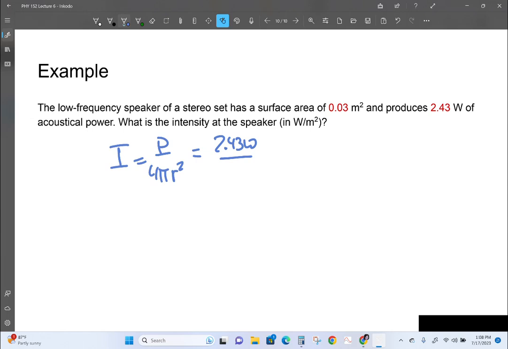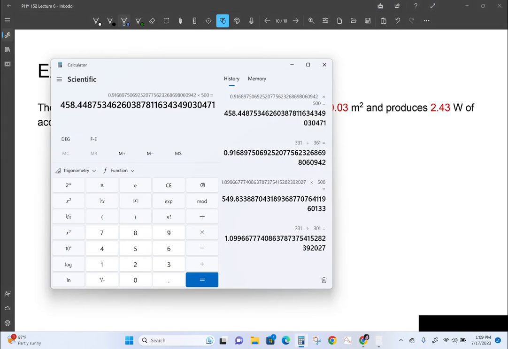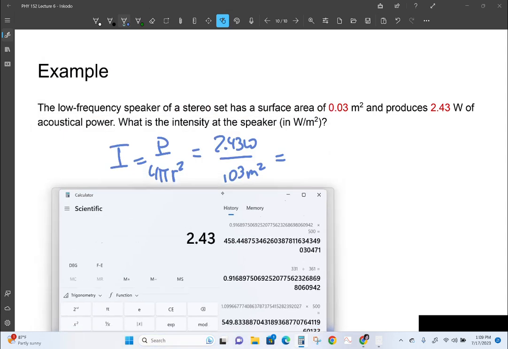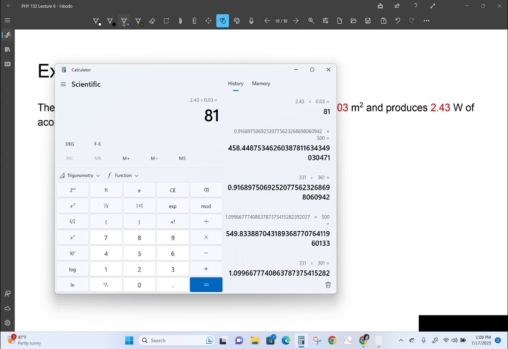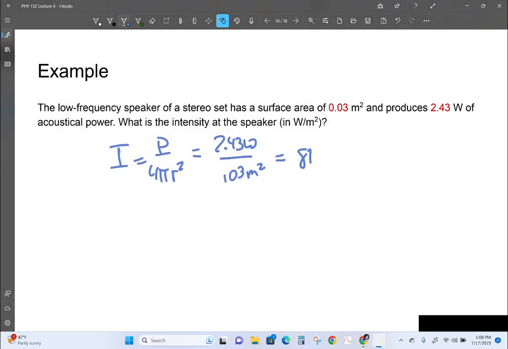And this is already the surface area, so it's 0.03 meters squared. If I just take those 2.43 and divide by 0.03, then I get an intensity of 81 watts per meter squared.